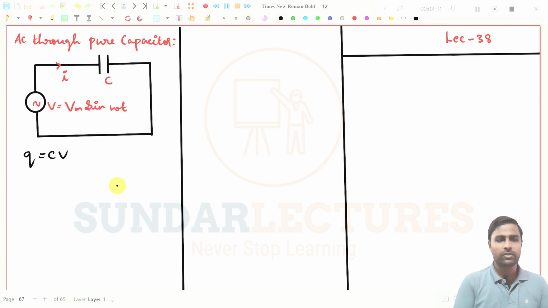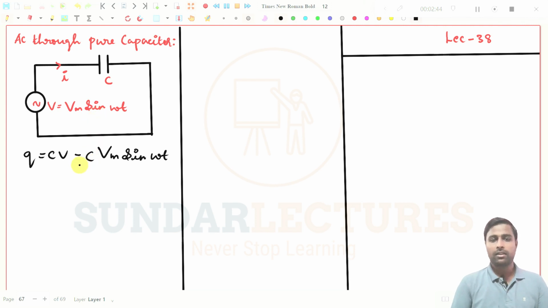Q is equal to C into V, and the voltage we are giving here is Vm sine omega t. So Q is equal to C into Vm sine omega t.